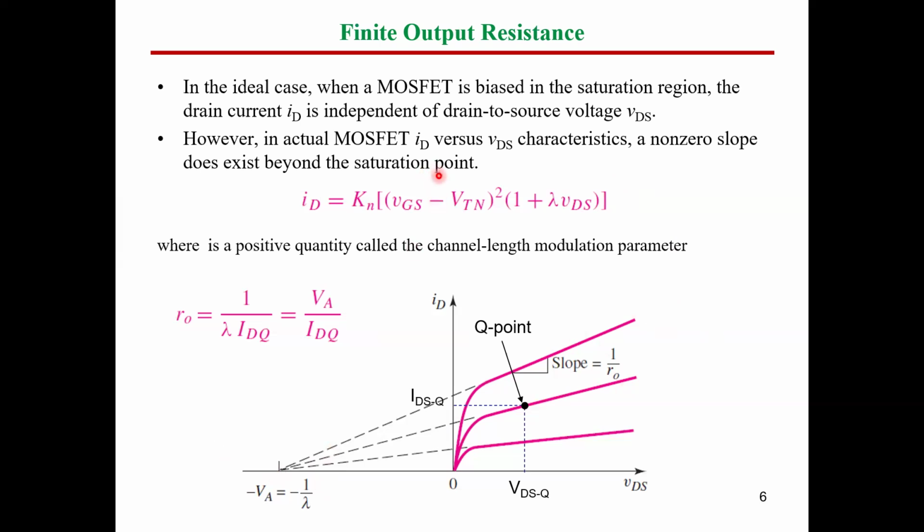Okay, so this is our relation in the case of saturation, guys. ID equals Kn times (VGS minus VTN) squared times (1 plus lambda VDS).